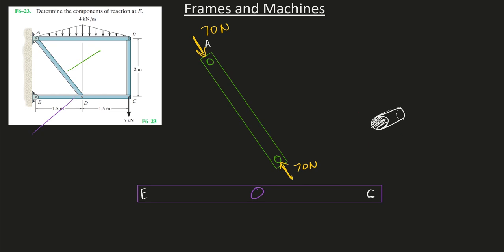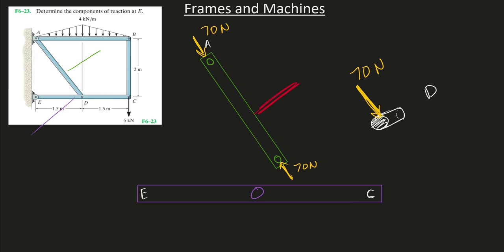Remember, from our visualization of how the green and the purple member and the pin are all connected to each other, we know that this guy is touching this guy. Not this guy. This guy is not directly touching this guy. So it's this pin that puts this 70 Newton force on our green member. And therefore, if we use our Newton's third law statement, we know that in turn, the green member must put that same 70 Newton force, just in the opposite direction on our pin D.